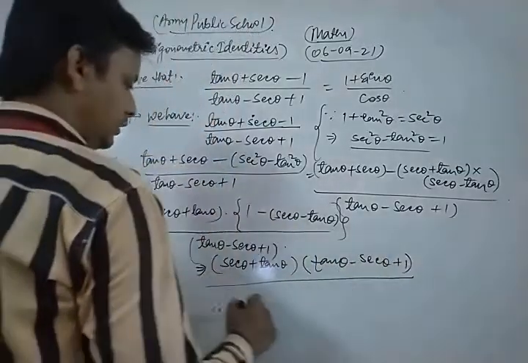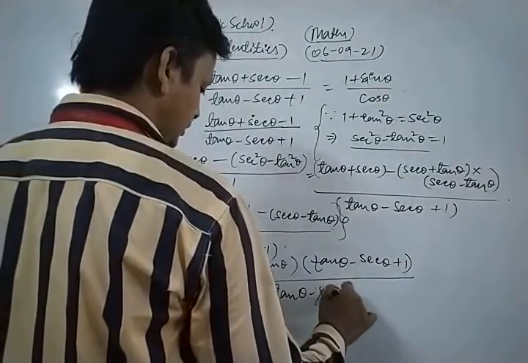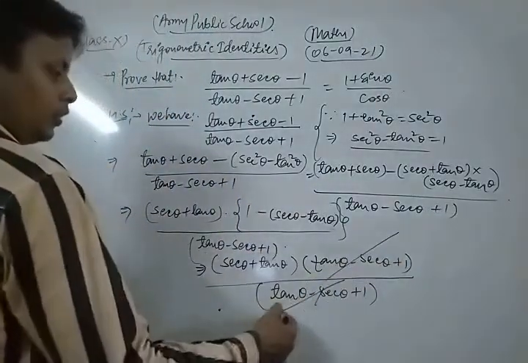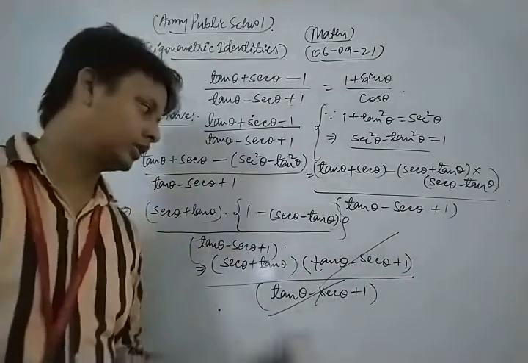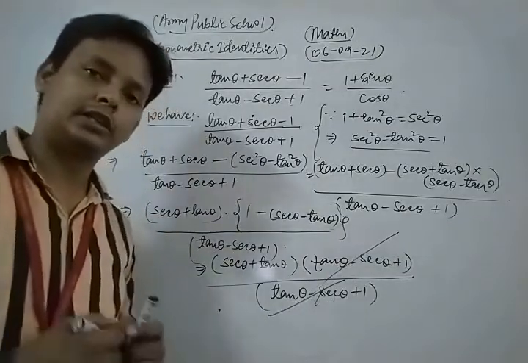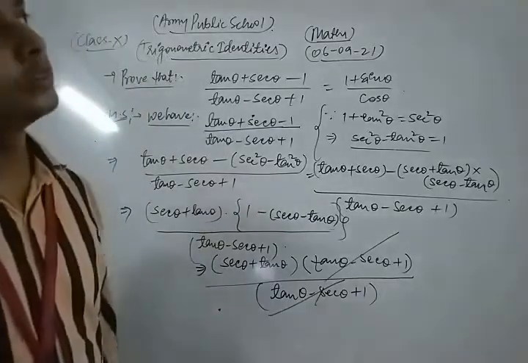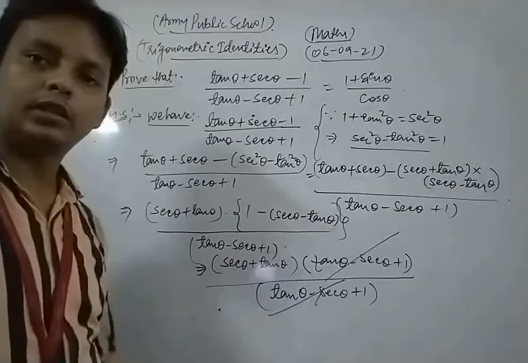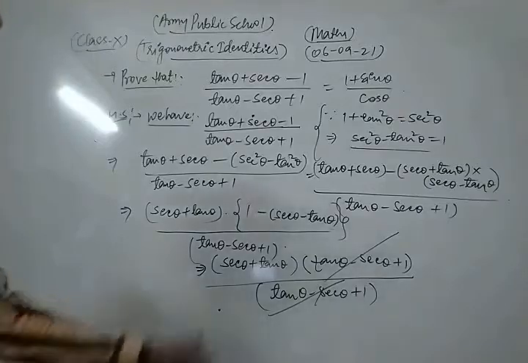In the denominator we have tan theta minus sec theta plus 1. Now look, these whole terms cancel each other, because tan minus sec plus 1 is in the numerator as well as in the denominator.